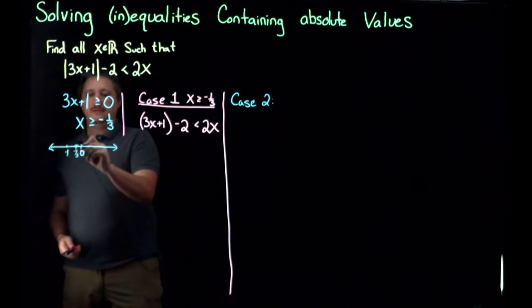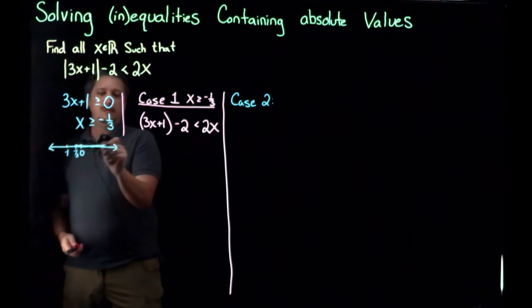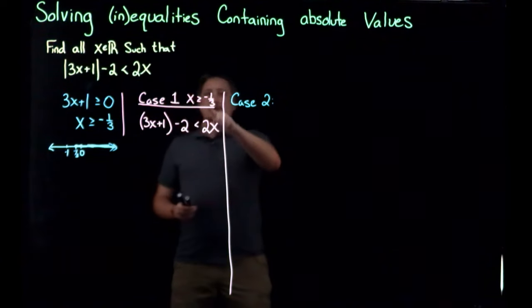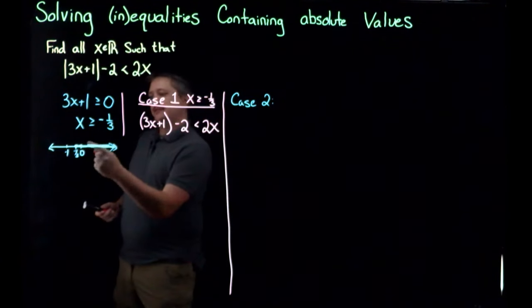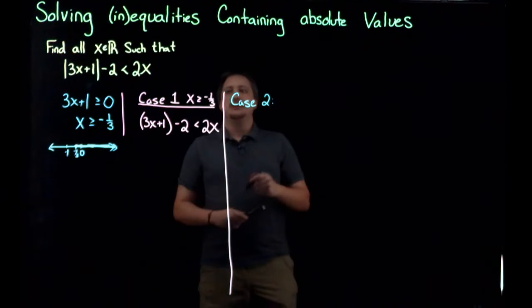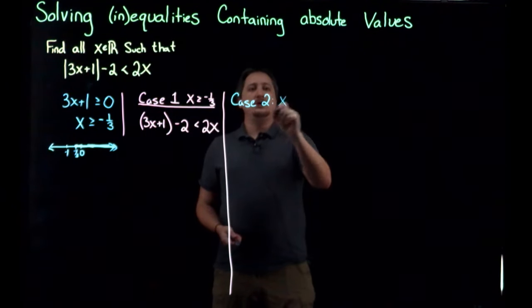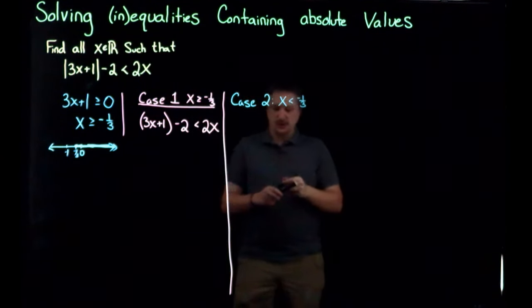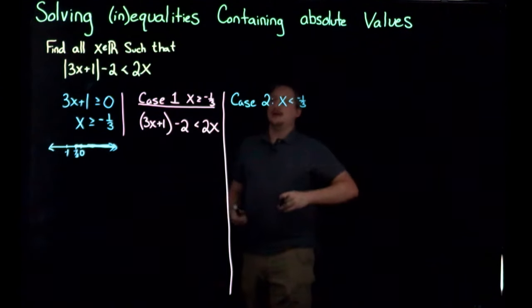So I have this, everything to the right of negative 1/3. But that means that the complement is everything else, so it's everything strictly left of negative 1/3. So case 2 is going to be the complement, x less than negative 1/3. Probably got my colors backwards, but hopefully you can follow along okay.